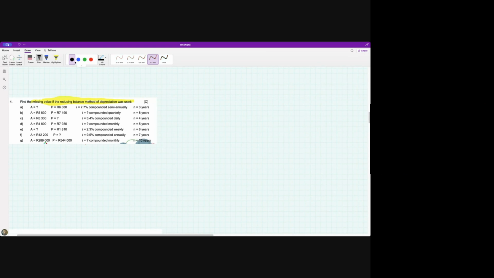So I'm going to write down the formula you would use. The depreciation formula for reducing balance depreciation or compound depreciation is this. I want you to tell me if I give you this question.